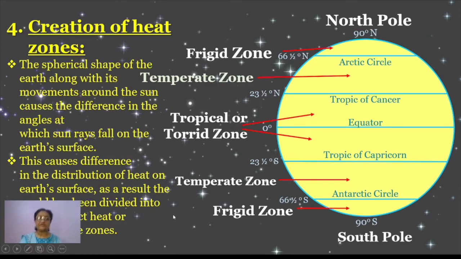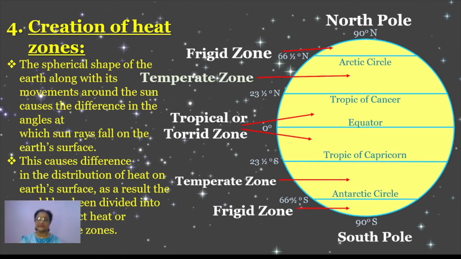So the spherical shape of earth along with its movement around the sun causes the difference in angles at which the sun rays fall on the earth's surface. If it were a flat body, the sun rays would be equal on all the places, at the same angle.